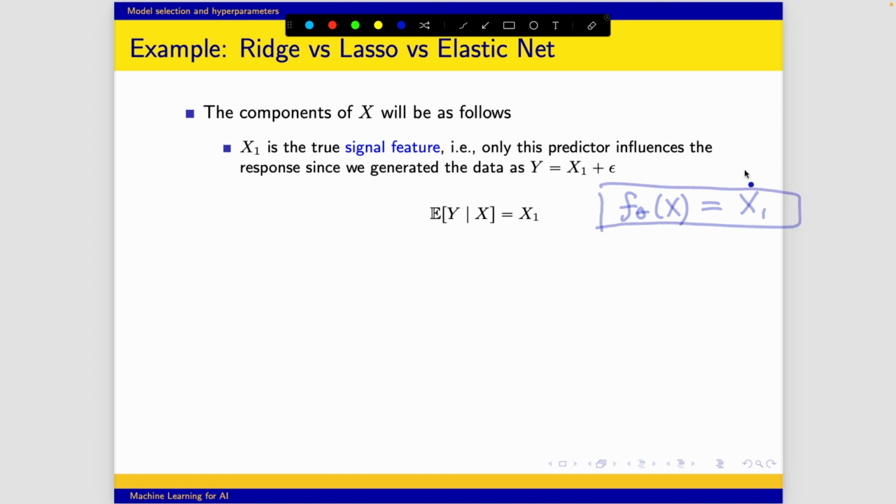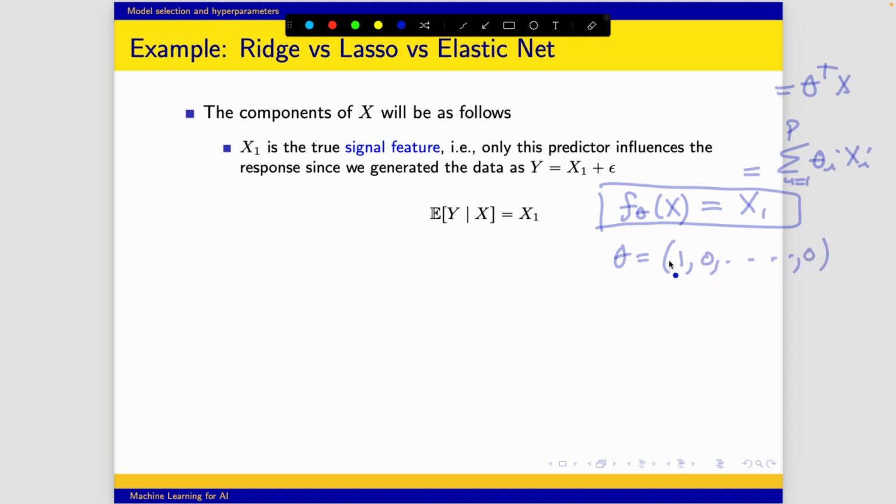So this is the sum of theta i xi from i equals 1 up to p. And we can write this as theta transpose x, the vector of these thetas times x, right? So what we want for this vector theta, the true vector, looks like this: 1, 0, they're all 0, right?